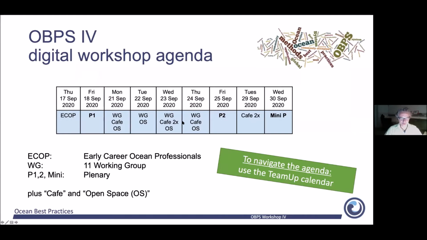And we move further to the agenda. This is a very, very short version of the agenda. Of course, you have seen the complex agenda maybe before. Yesterday was the first event of this workshop, which was the early career ocean professionals meeting.